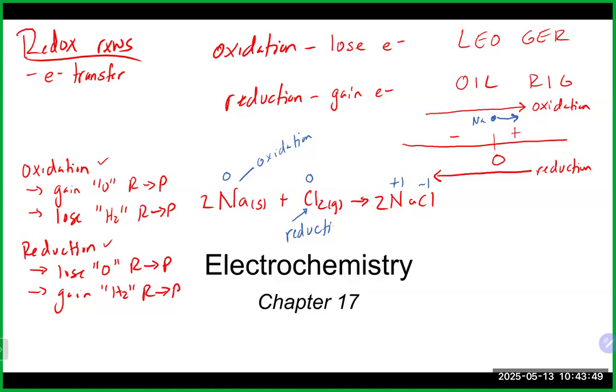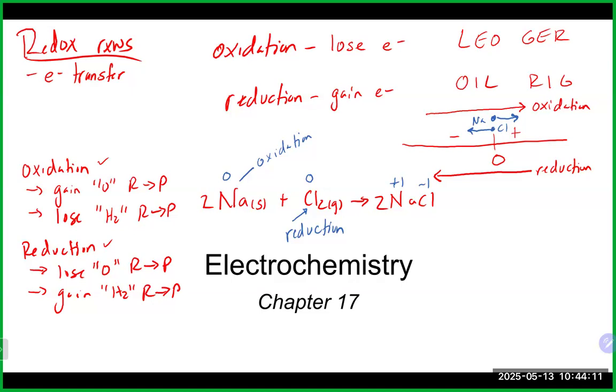So that is reduction. We could also just do it for chlorine as well. Chlorine is starting at 0 and ending at -1, which means it's moving in a negative direction. So it's going through reduction. By the way, the things that are being oxidized and the things that are being reduced are always found on the left-hand side of the arrows, right? So those are things that are happening.